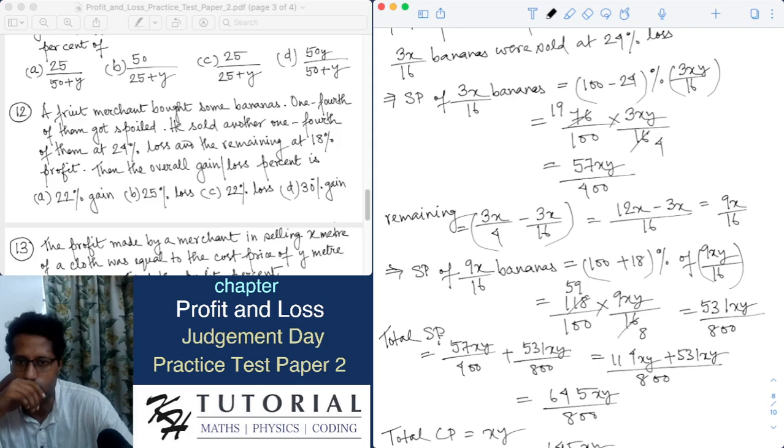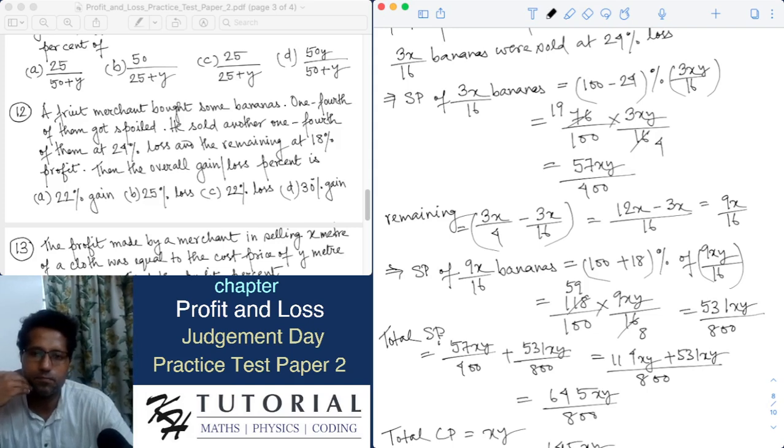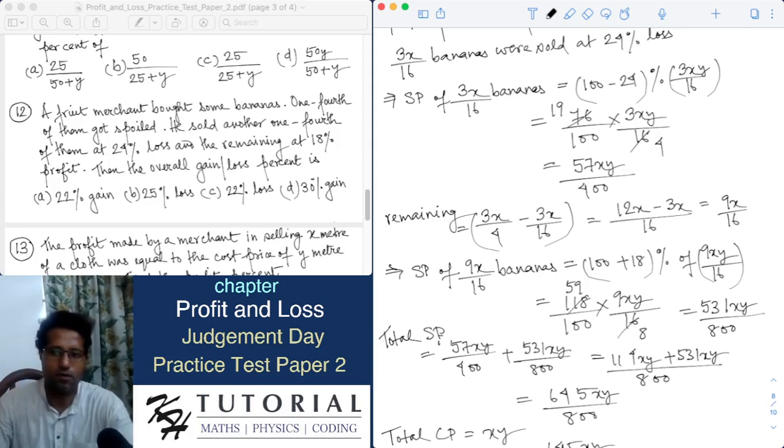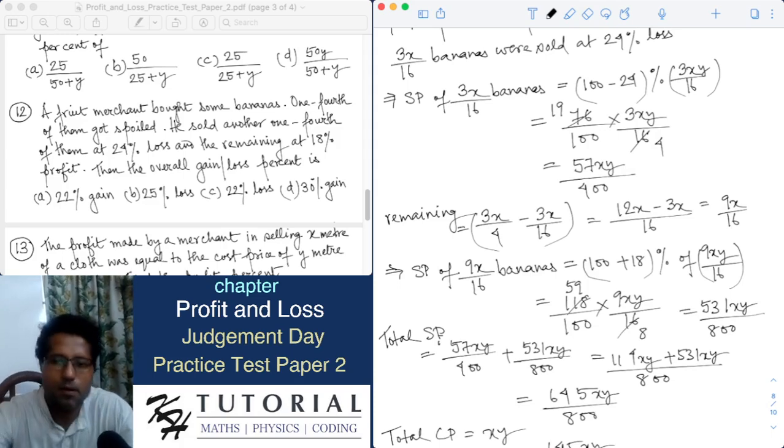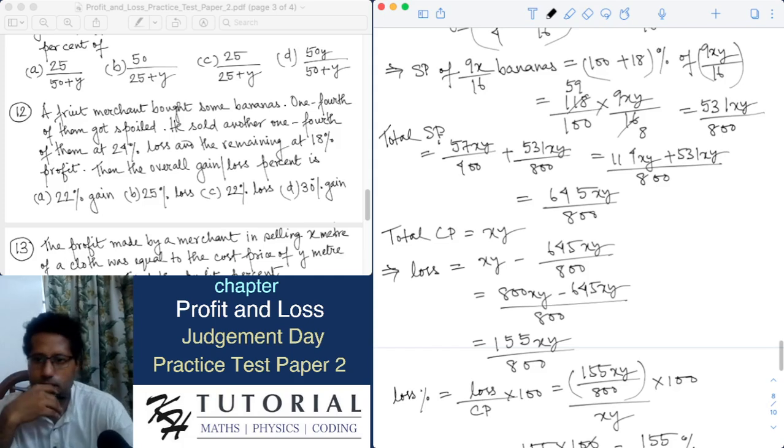So the total selling price is 57xy by 400 plus 531xy by 800, which is equal to 114xy plus 531xy divided by 800, which is equal to 645xy by 800. And the total cost price we know is xy.